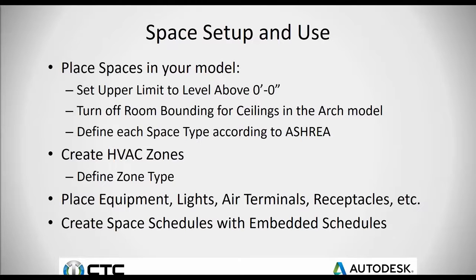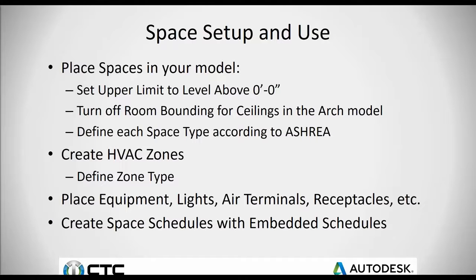Then we start creating our zones, then place our equipment, receptacles and whatnot, and then for design and coordination, we create a bunch of space schedules and embed maybe air terminals or equipment or light fixtures to get a good feel of what we're looking at within the building itself.